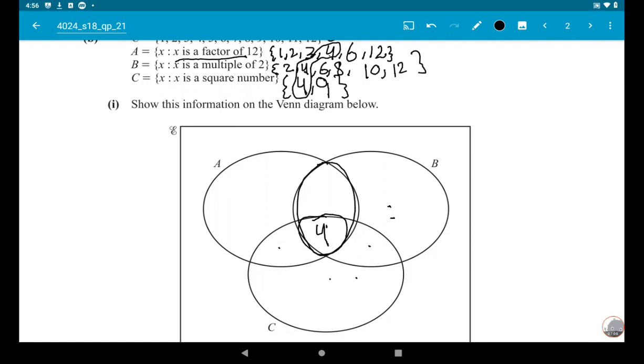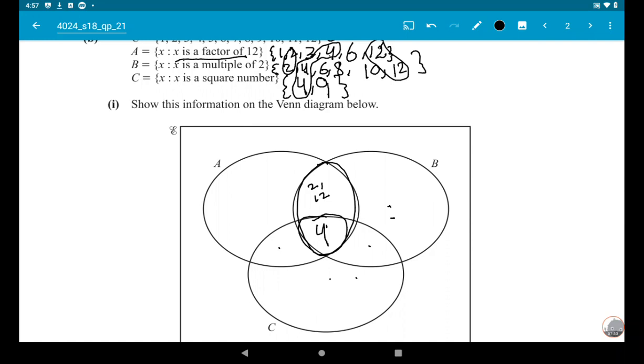Okay, and now we should write the A and B common numbers. The common numbers of A and B are 2 and 12. So 2 and 12.